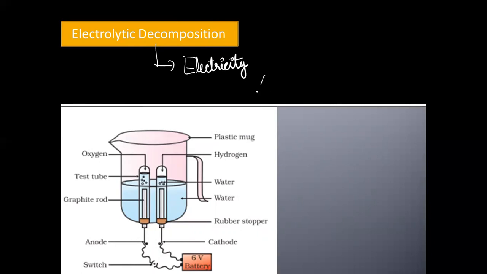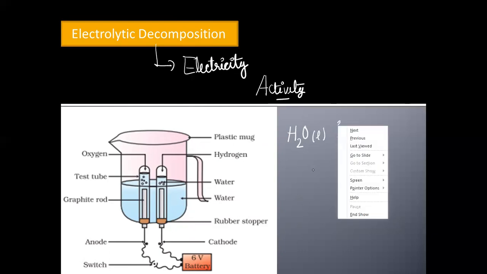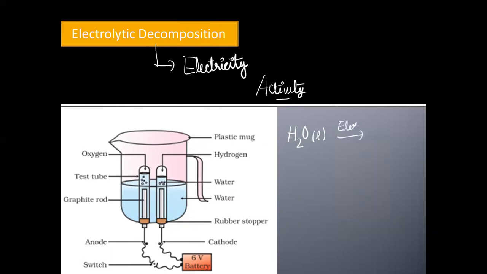This is an activity given in NCERT. What is told in this NCERT activity? You take water, you pass electricity, and this gets decomposed into two products. Water, the symbol is H2O, liquid it is. Electricity is passed.